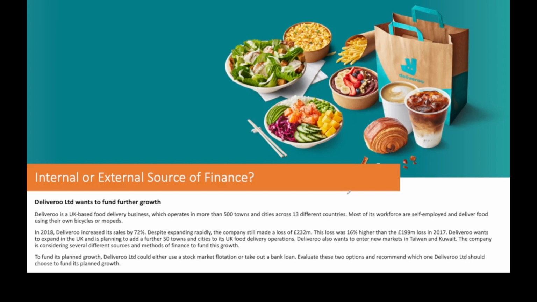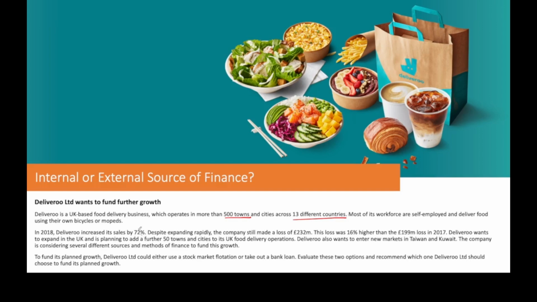So Deliveroo is a UK-based food delivery business which operates in 500 towns and 13 different countries. Okay, most of its workforce are self-employed and deliver food using their own bicycles or mopeds. Okay, so increasing sales.